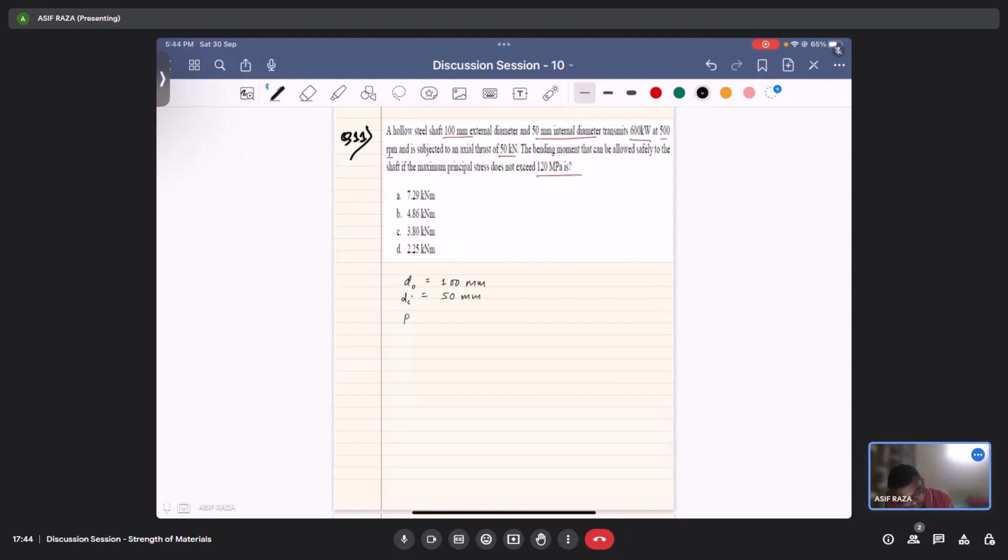It transmits power of 600 kilowatt, with rotation of 500 rpm, rotations per minute.